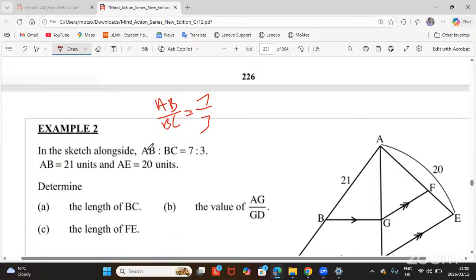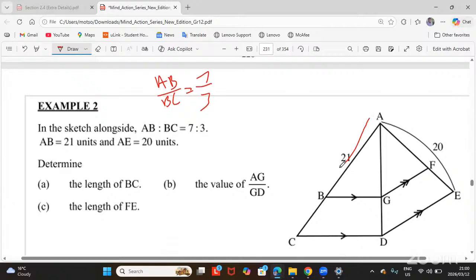So this one will be the numerator, this one will be the denominator. They say AB is 7. Where is AB? This is AB. So you write 7A. BC is 3. You go to BC, you write 3A.